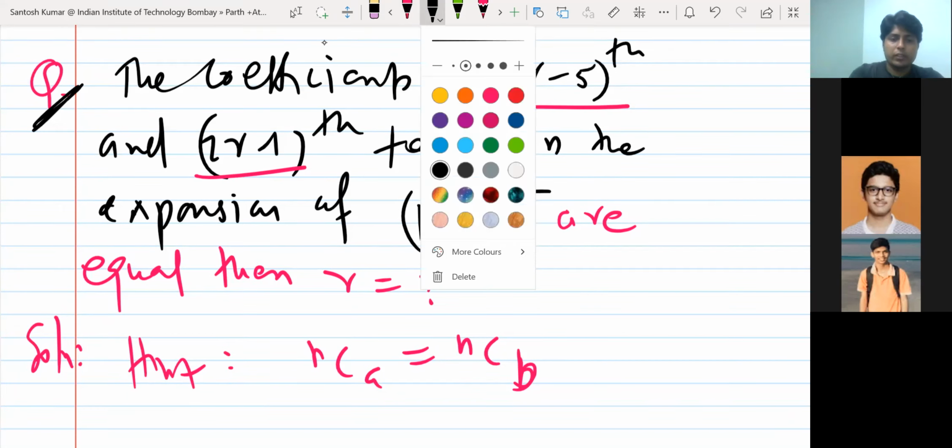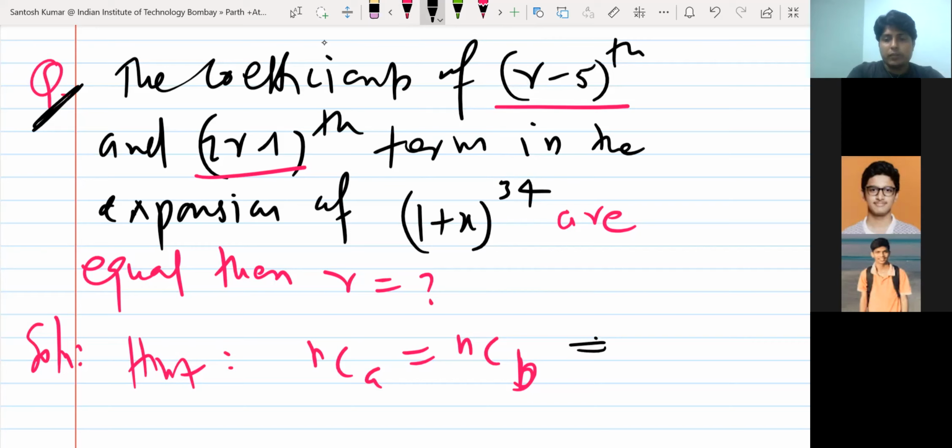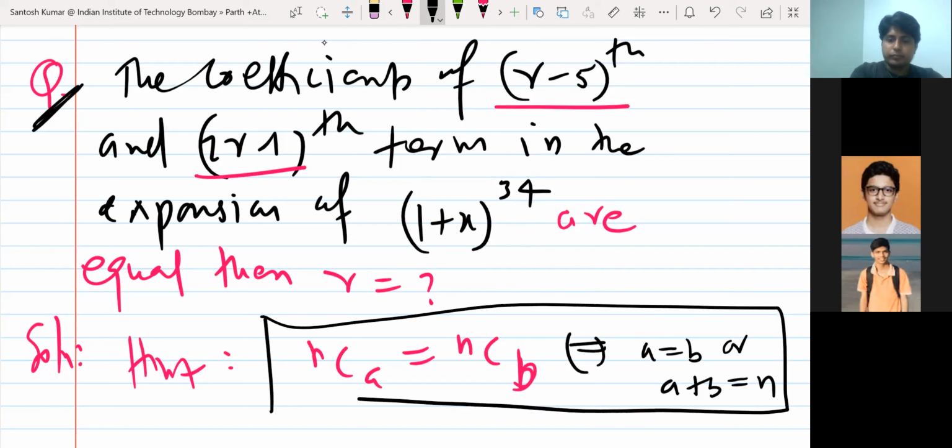And the hint I was giving: nCa is equal to nCb if and only if either a is equal to b or a plus b is equal to n. This is the hint. You might have seen this formula in permutation and combination.